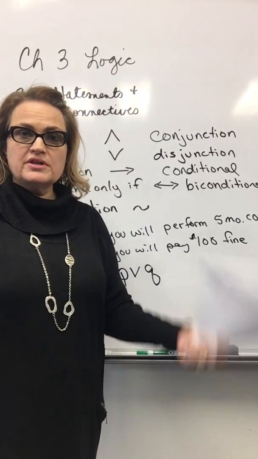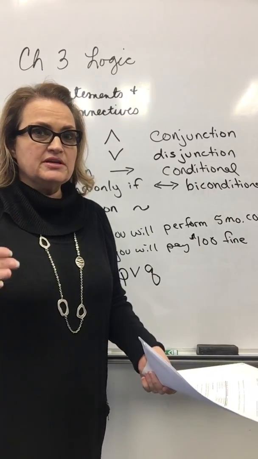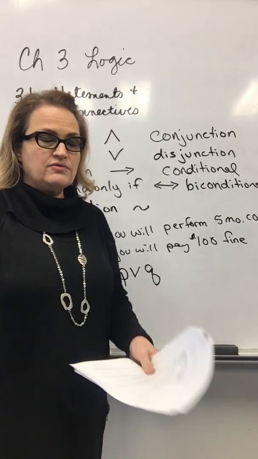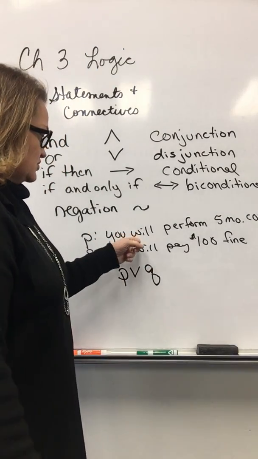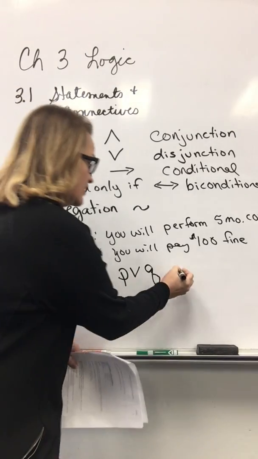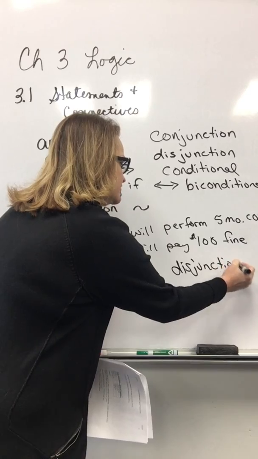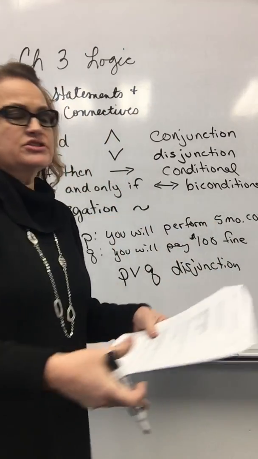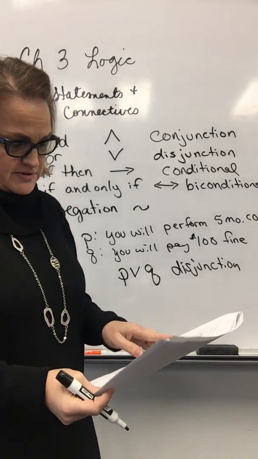You can do one or the other or maybe both, but you only have to do one or the other to be following the rule of what it's saying. So or is a little more lax. And again, the symbol is the V, and we call that a disjunction. You'll have homework that asks which type of connective this is, disjunction or conjunction, and you're really just looking for the words and or or.